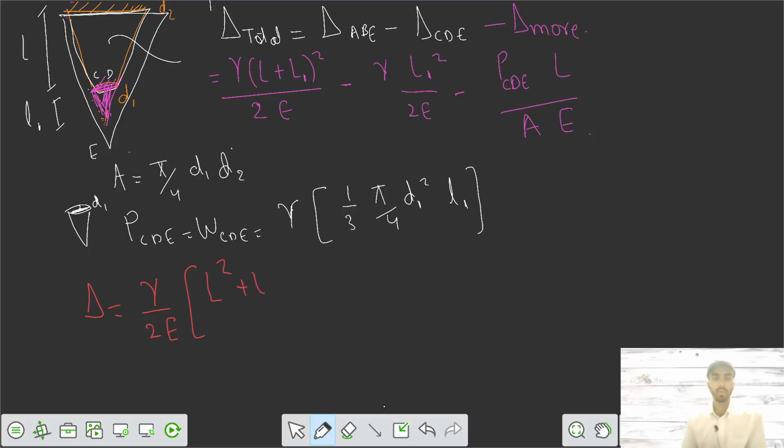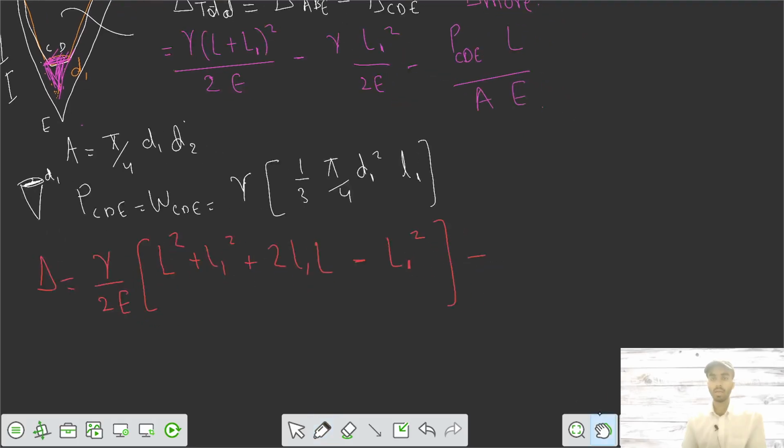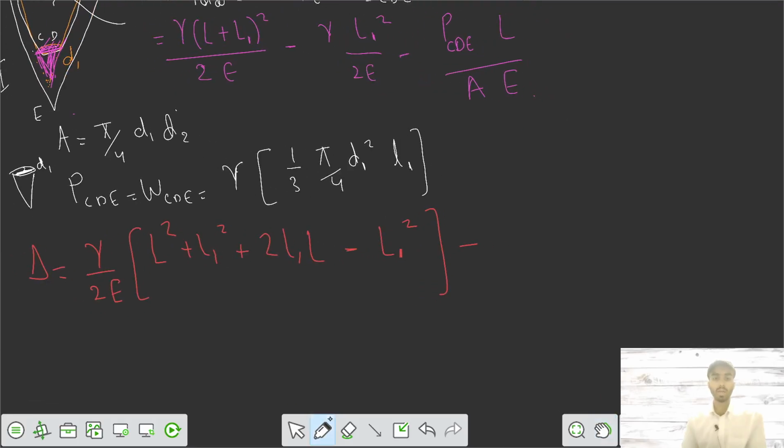L square plus L1 square plus twice L1 L minus L1 square, minus PCDE, which is gamma pi d1 square L1 by 12, and length is your L, area is pi by 4 d1 d2, and E.